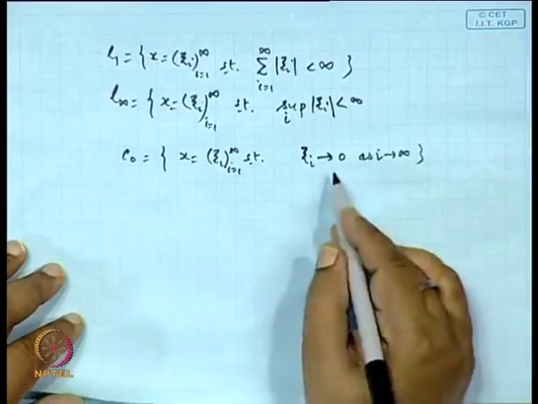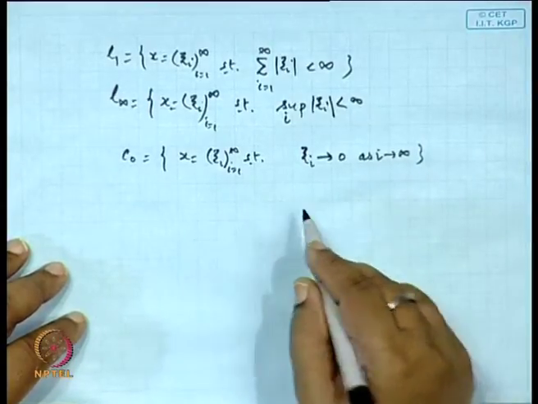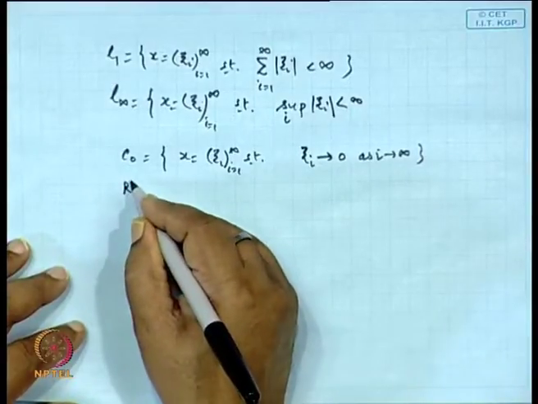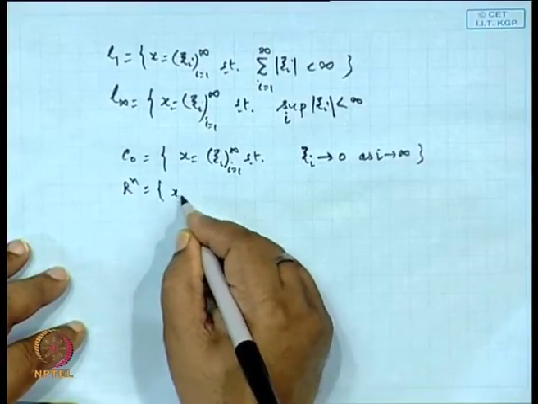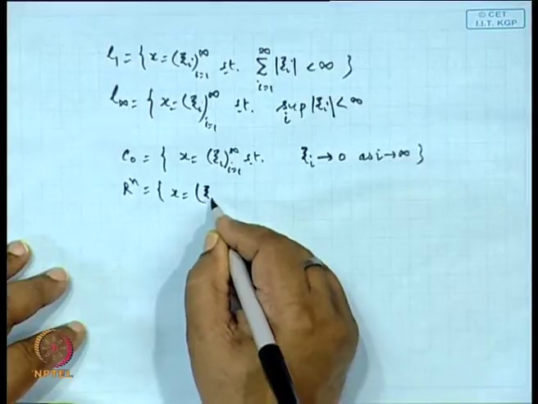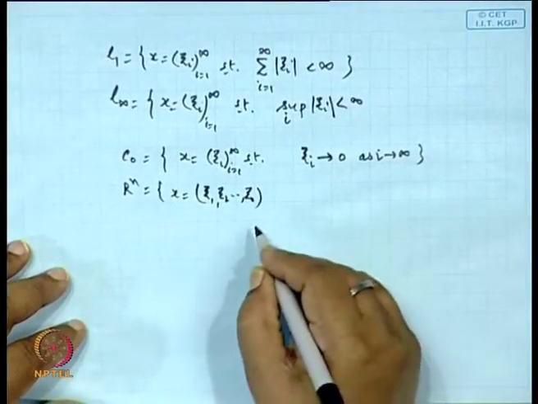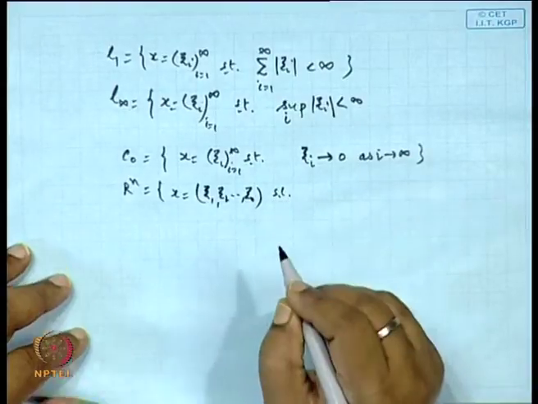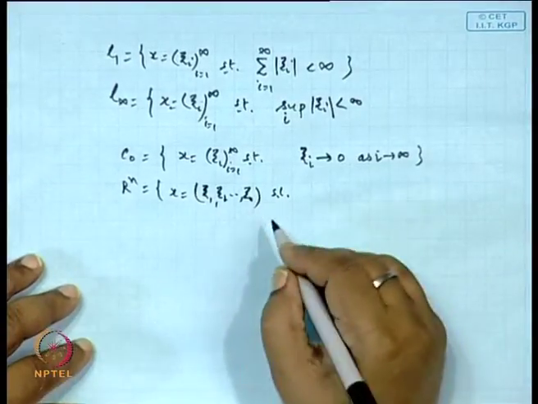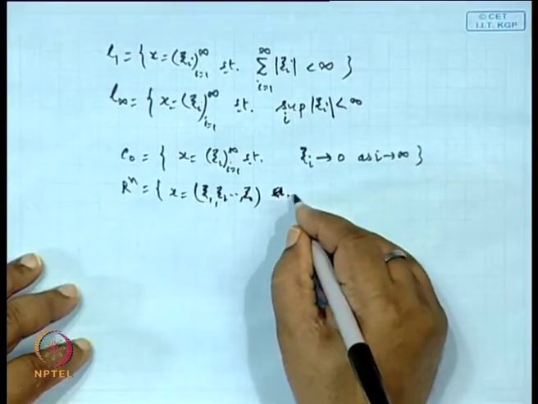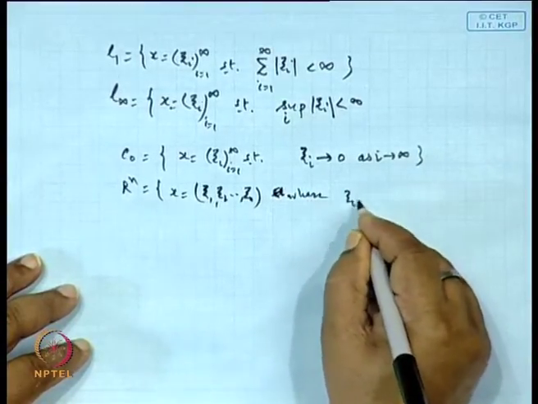Similarly, c is the class of those sequences which converge to a limit L, and R^n is the set of all n-tuples where the xi's are real.